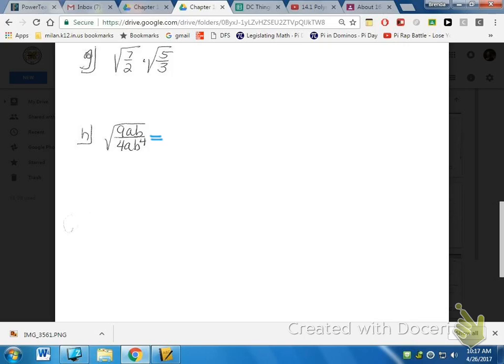Like, for example, the a's should just cancel out. And the b and b to the 4th, I can take this one out completely, and that would make this one become a b cubed. So therefore, I have radical 9 on top and radical 4b cubed on the bottom.